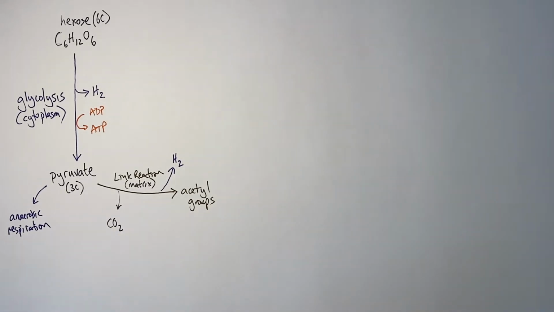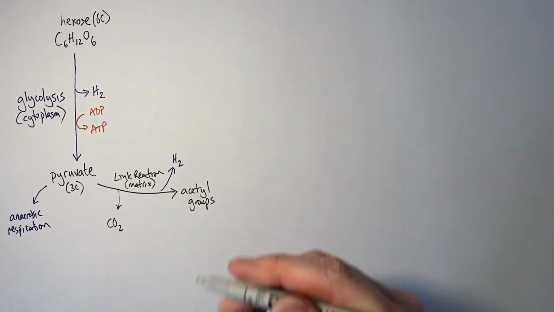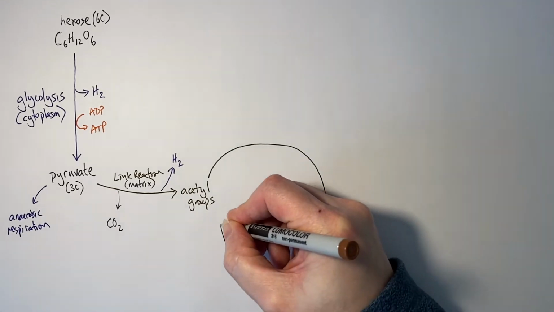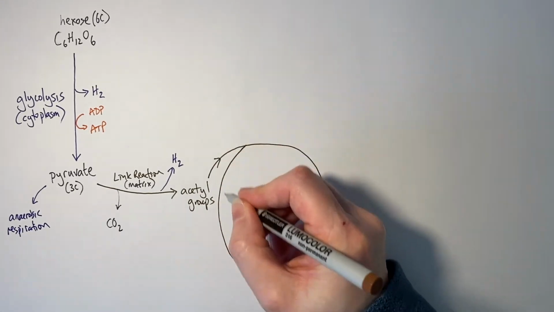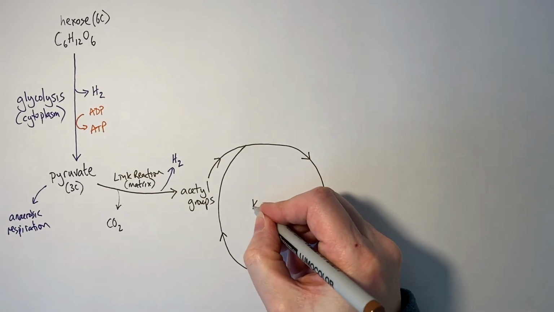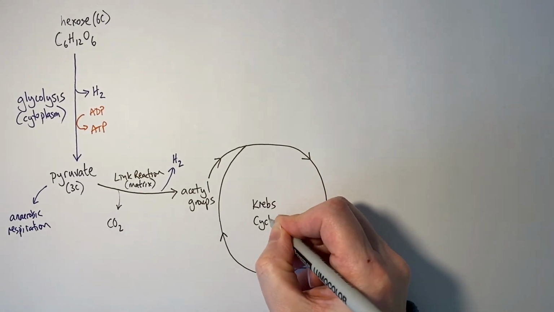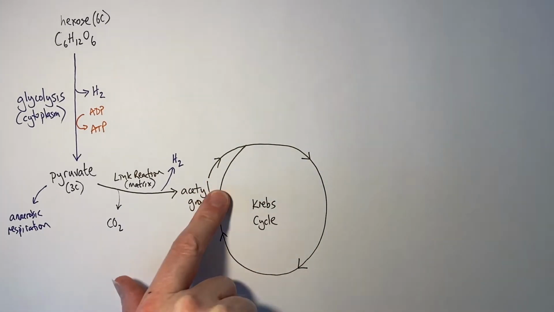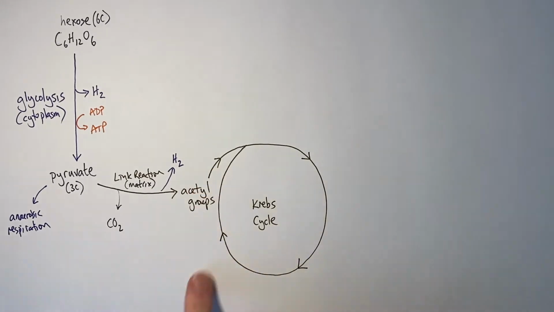Those acetyl groups then enter another process. And this process is a cycle. And this is called Krebs Cycle. It's a series of enzyme catalyzed reactions, as all these are, and it's a cycle. So it's continually going round and round and being fueled, as it were, by acetyl groups coming in.